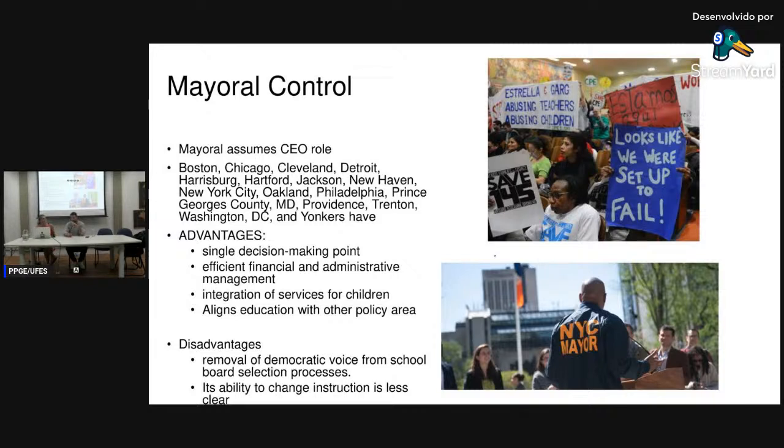que eles estavam reivindicando. The stated advantages are usually, again, from an economic perspective, and the initial reason is usually a perspective that school board members have corruption. Então, a vantagem seria que seria mais eficiente, porque eles estavam alegando que os school boards, os conselhos distritais, eles têm mais corrupção, né, tem corrupção, e seria uma única decisão, né, de cima para baixo, né, e por isso geraria também mais eficiência, né?